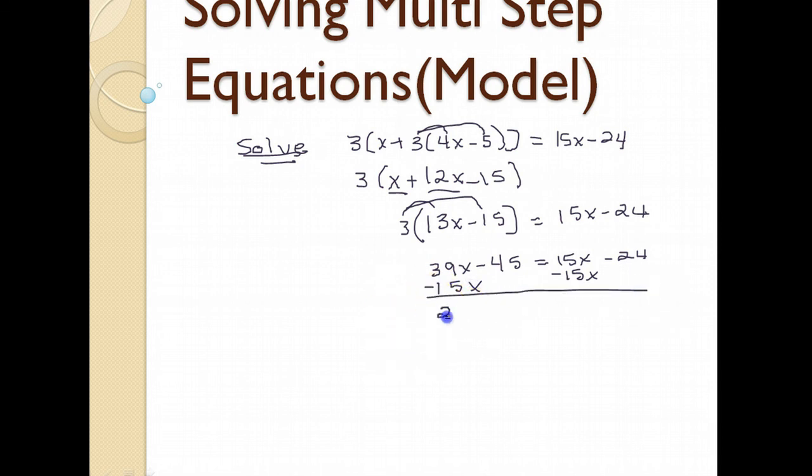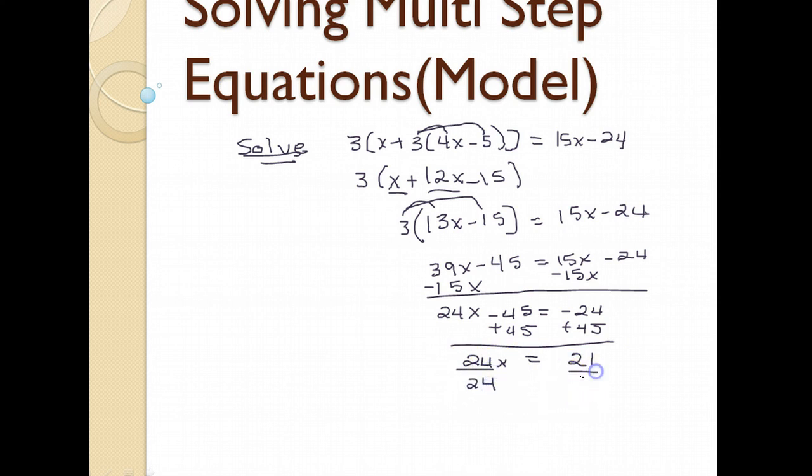So this is 24x minus 45 is equal to negative 24. Add 45 to both sides. Okay, so this is 24x is equal to 21. Divide both sides. X equals, I can simplify it. 3 goes into 21 7 times. 3 goes into 24 8 times.